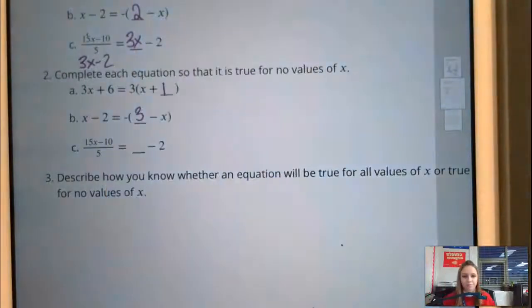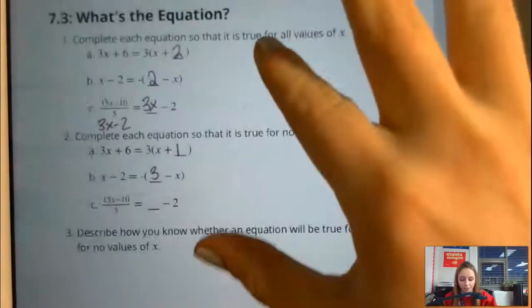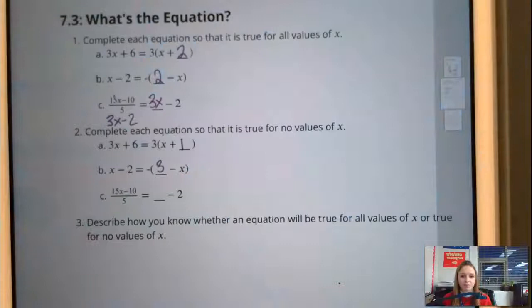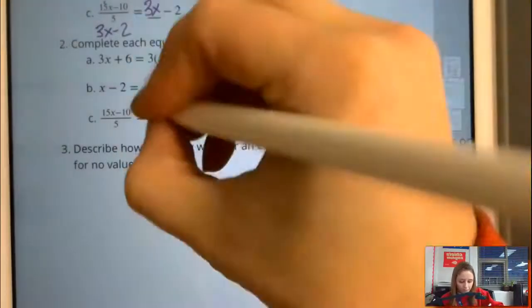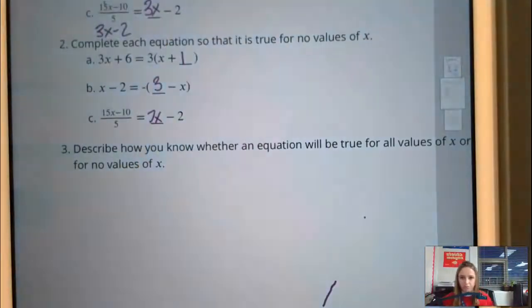So what I could do is a positive 3. So as long as you are not putting the only thing that works, okay? Now over here, this needed to be a 3x. Well, I could write 7x, because I know that that would not be equal to what is on the left.